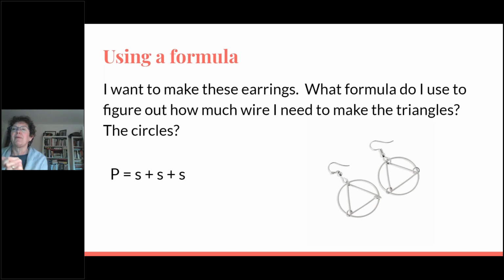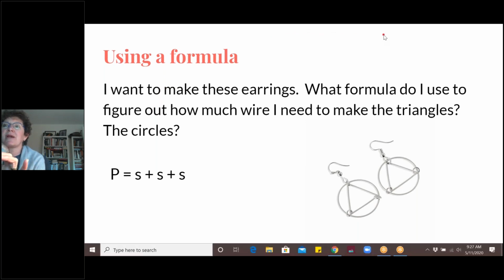And then if I want to know how much I need to make both earrings, what do I need to do once I find the perimeter for one earring?